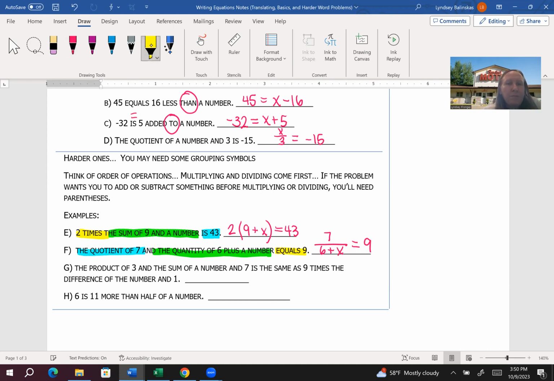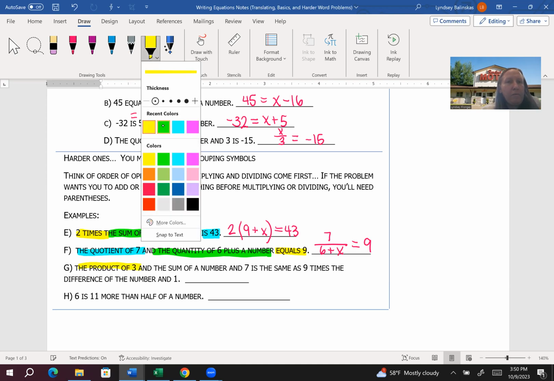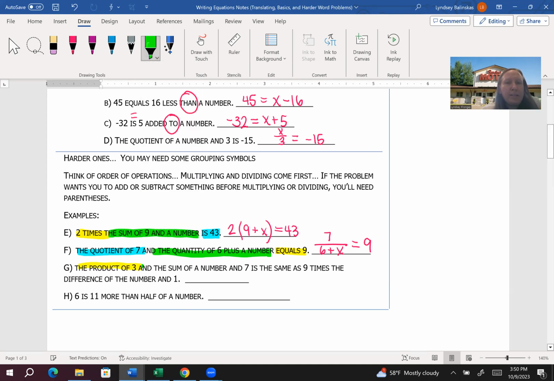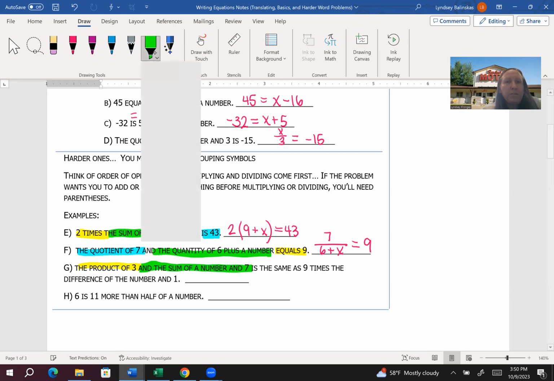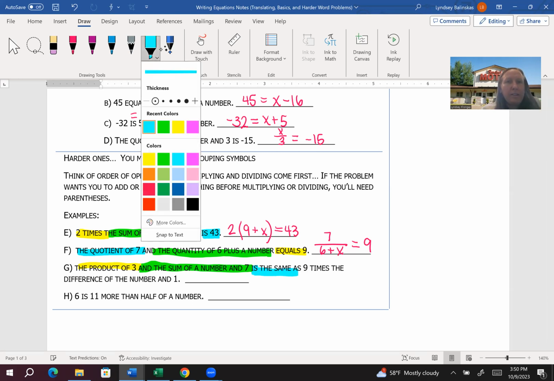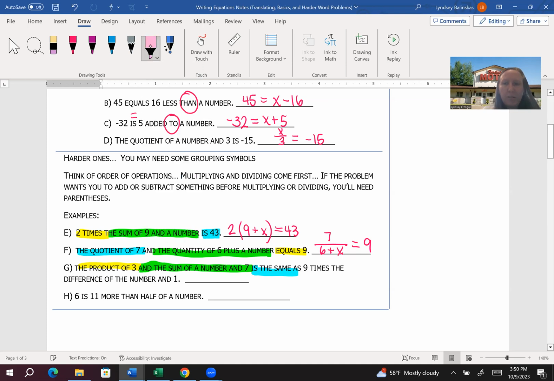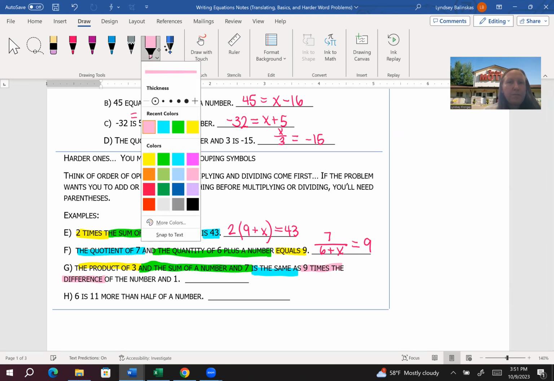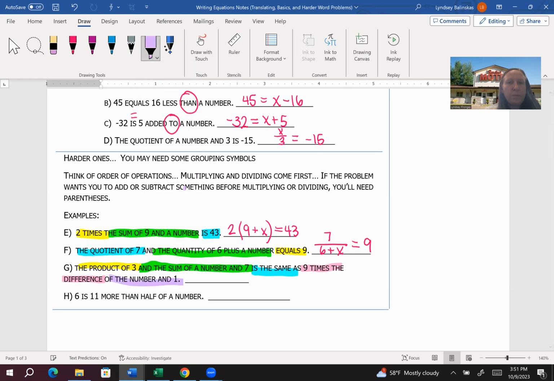Okay, next one, the product of 3. And what are we multiplying it by? The sum of a number and 7 is the same as, we got a lot going on here. Then we got some pink, so 9 times the difference of a number and 1.